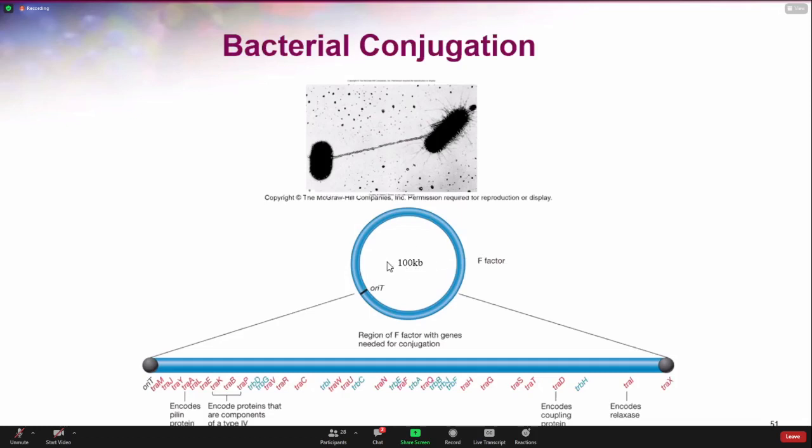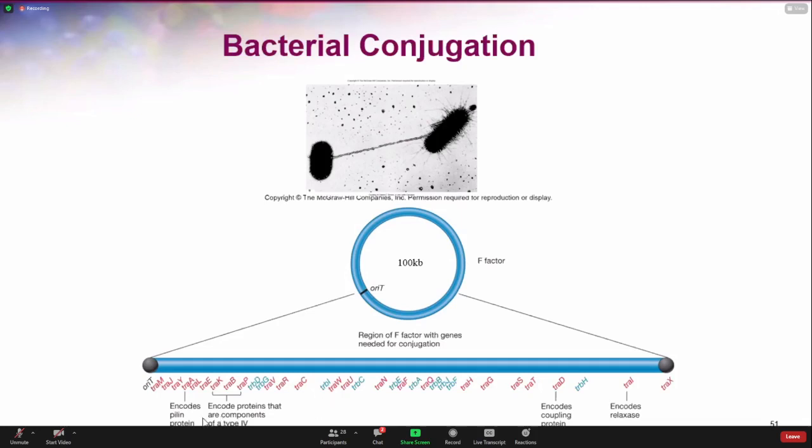F factor is about 100 kb in size, and it has an origin of replication. So it can replicate itself autonomously outside of the bacterial genome, but it also has the ability to insert itself into the bacterial genome. Okay, so it's referred to as what we call an episome. It can exist exogenously outside of the genomic DNA, or it can insert itself into the genomic DNA as well.